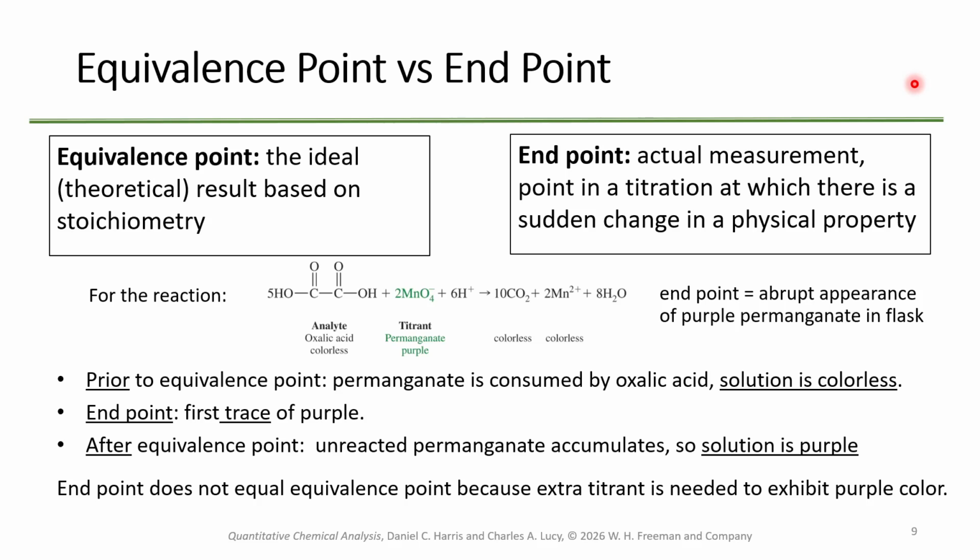You could have color, or you could have electrical conductance, which is what most auto titrators use, by the way, in case you're wondering. For color, you can also do an auto titrator; that's a visible light probe that you'd put in. But you need some sort of physical property to change so you can actually detect it, right?